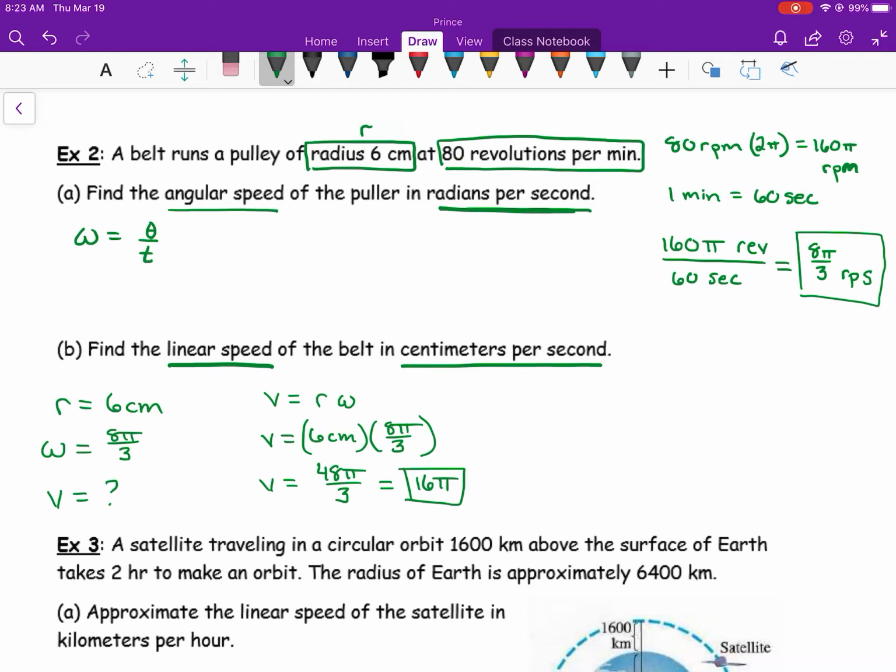Okay, so our linear speed is 16 pi centimeters per second. Let me fix that. 16 pi centimeters per second. All right.